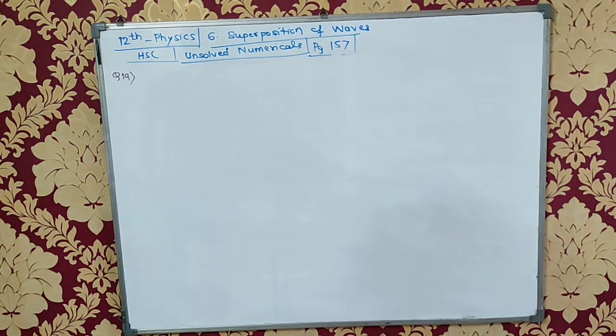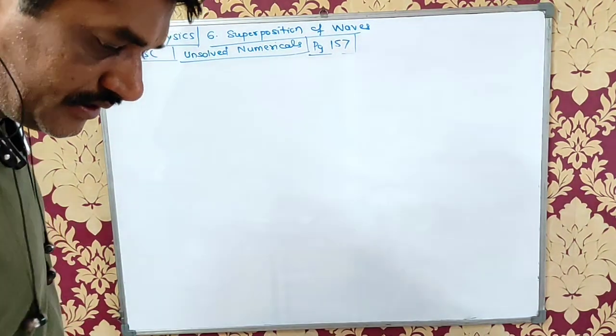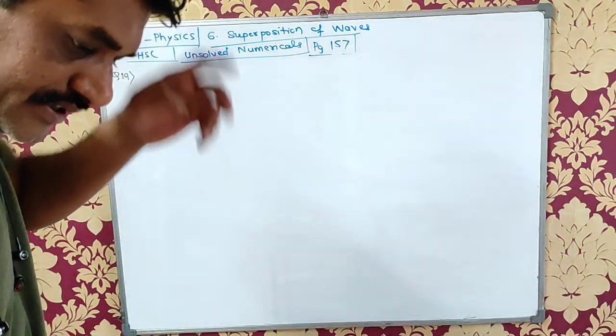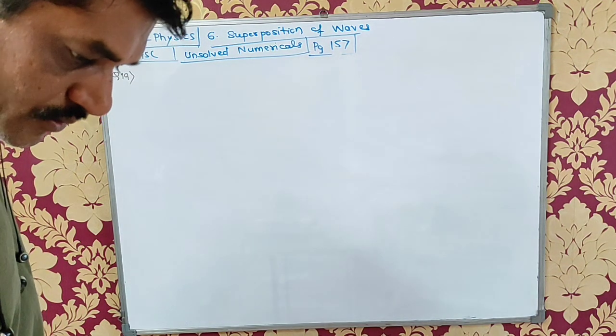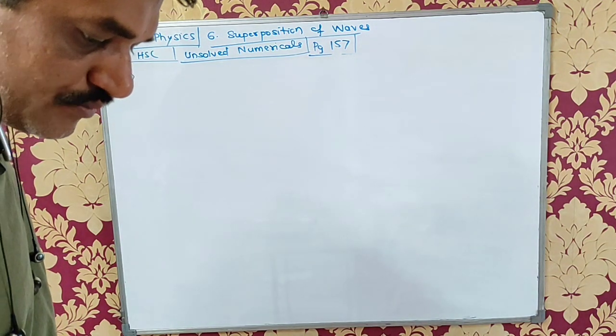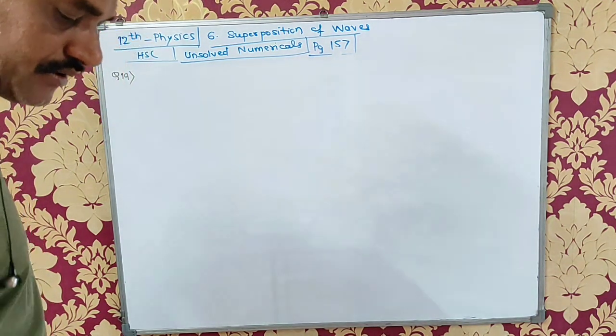Question number 19. A string 1 meter long is fixed at one end. Okay? The other end is moved up and down with a frequency of 15 Hz.